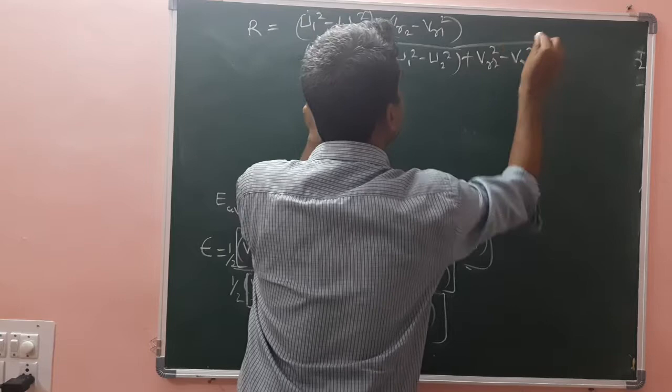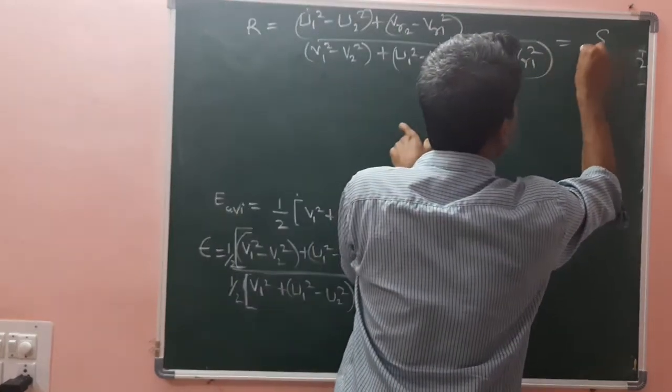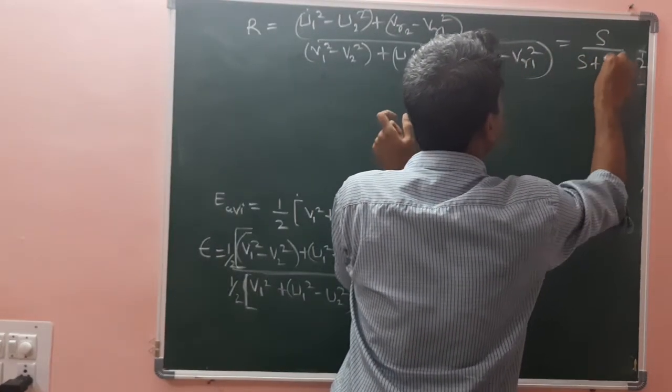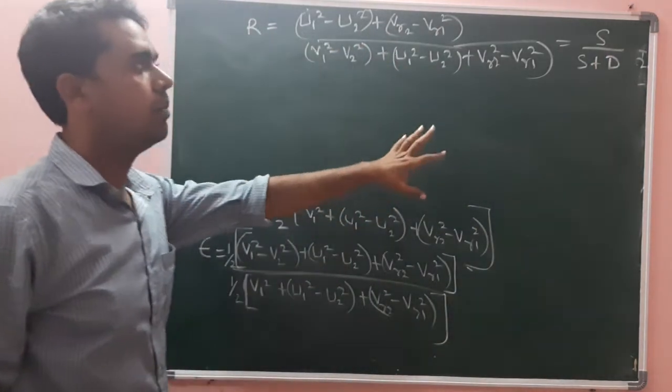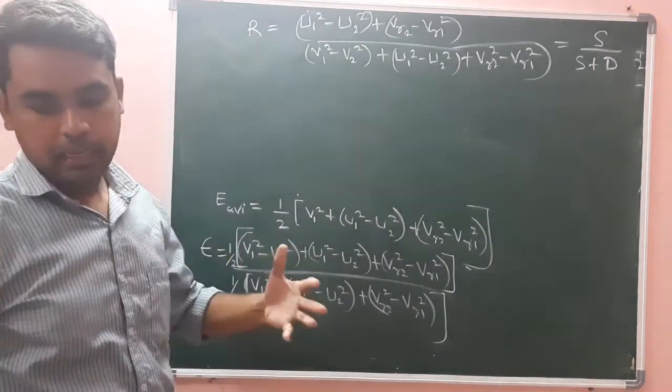We can write it as S divided by S plus D, that is static component divided by static component plus dynamic component.